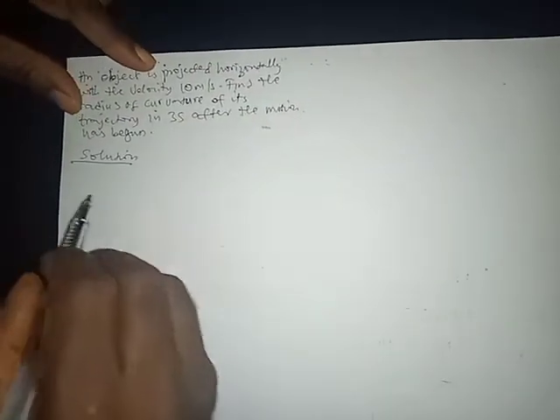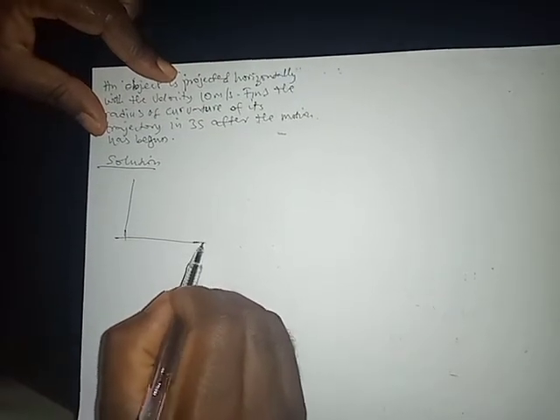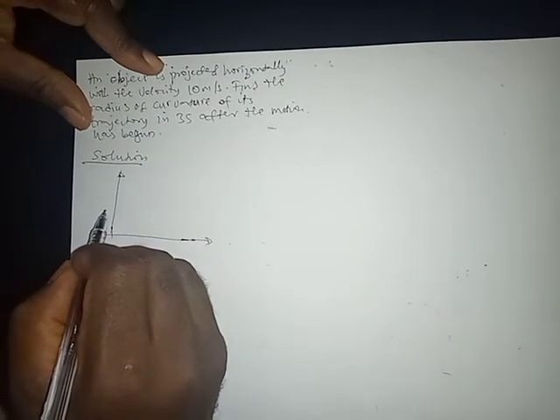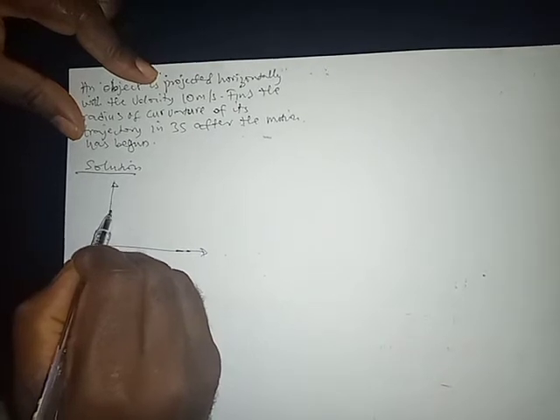Let's use a schematic to describe the motion. We have two-dimensional Cartesian coordinates like this. The object is projected horizontally.